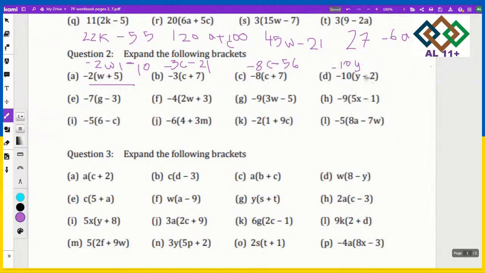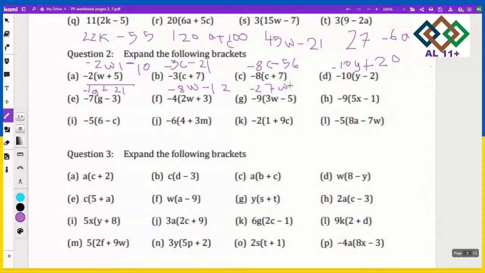And in this, remember that minus and minus will become a plus 20. Then you have E, that would be minus G. Minus and minus will become a plus 21. Then you have minus and plus would be a minus 8W, then minus 12. Then you have G, that is minus 27.